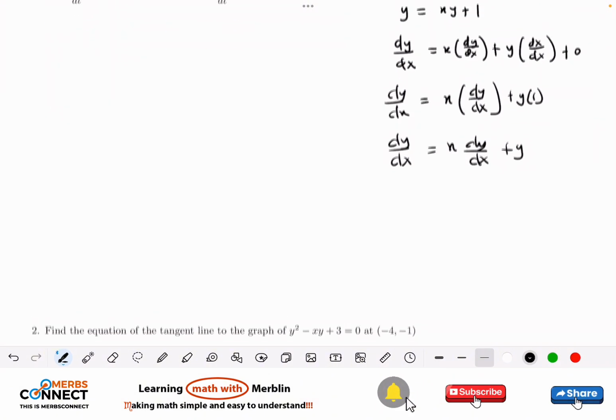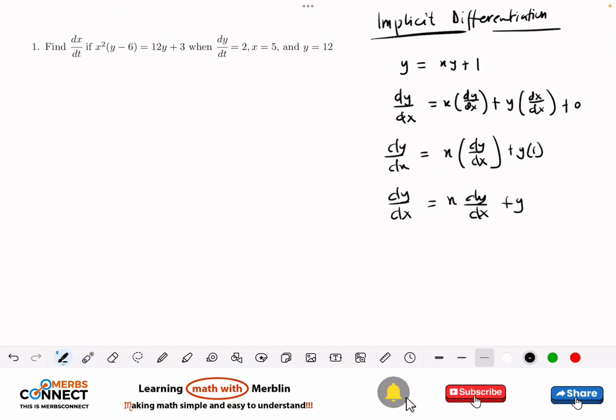One thing you need to know is that we can replace dy over dx with y prime. So instead of writing dy over dx, I write y prime. Then this will be x y prime plus y. If I want to make y prime the subject, I subtract x y prime from both sides. So I'm going to have y prime minus x y prime, which is equal to y.